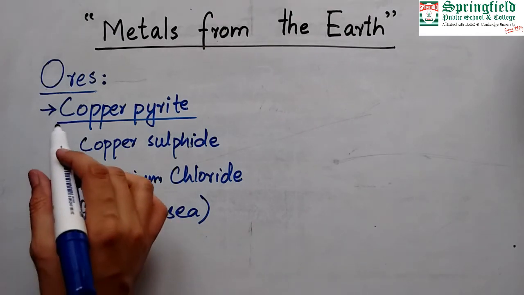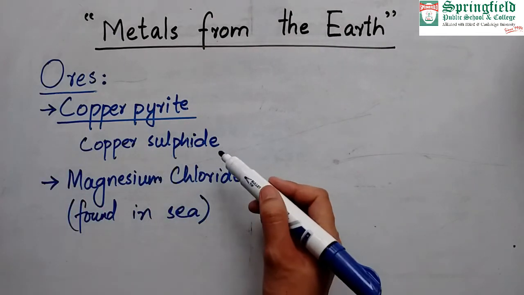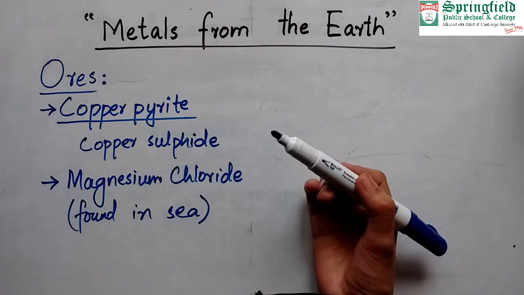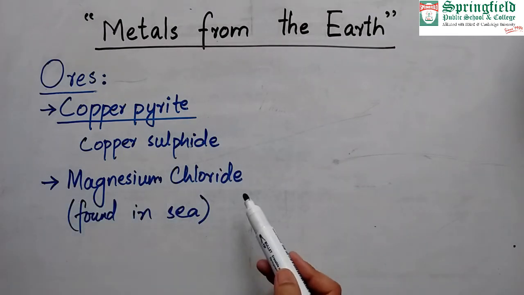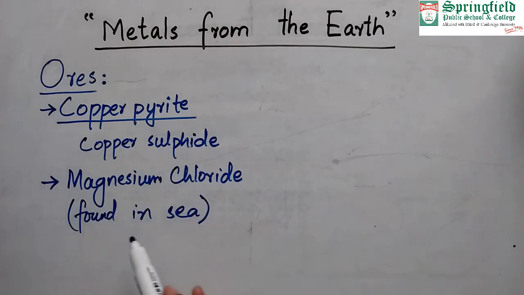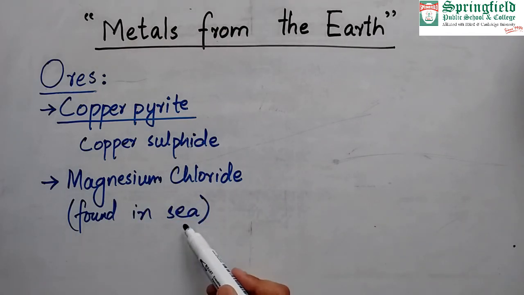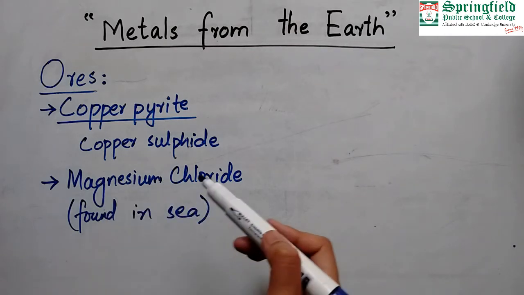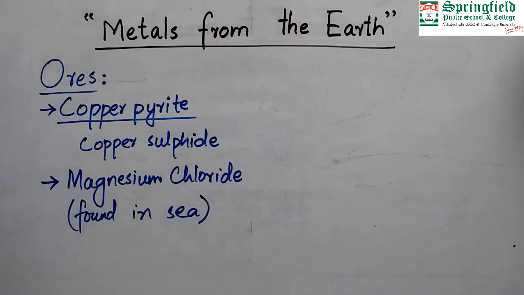Then is the copper pyrite, which is mainly copper sulfide. So it is the copper ore. Then is magnesium chloride. It is not actually an ore, but it is the salt which is found in seawater, and most magnesium is extracted from this salt.